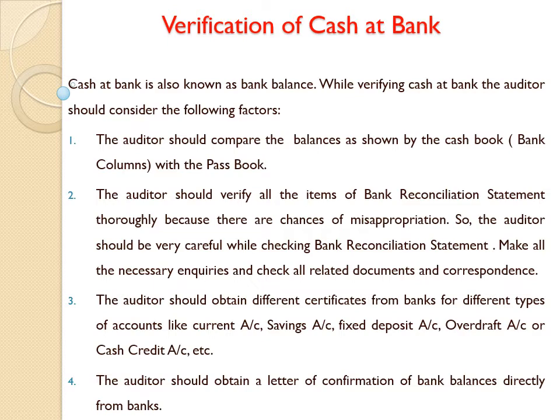The auditor should compare the balances as shown in the cash book with the passbook. It is useful to get an idea about the cash at bank. The passbook with the client is compared with the bank columns.